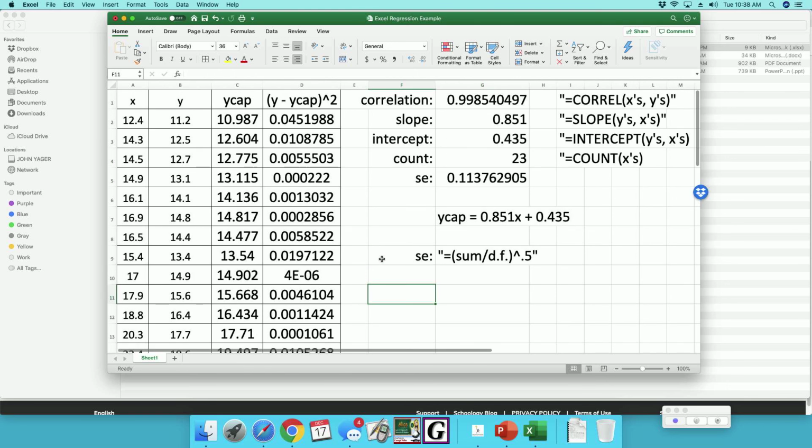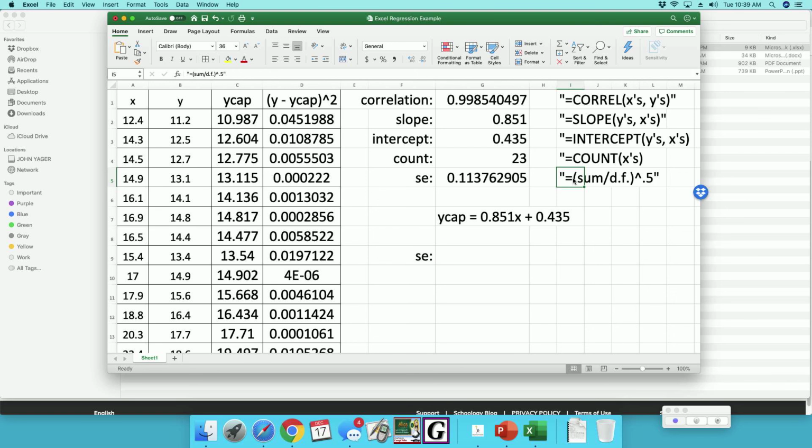So these are all the things you are going to calculate: correlation, slope, intercept, count, and standard error.